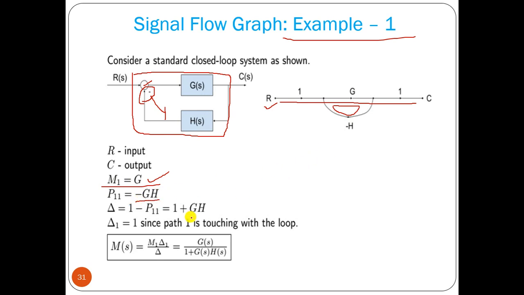So what is the formula? P1 delta 1 by delta. P1 is nothing but G. Delta 1 we have to find out. We have only one forward path and this loop is touching that forward path. So delta 1 should be equal to 1.